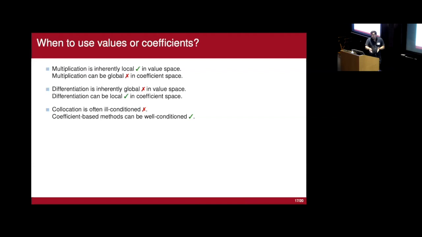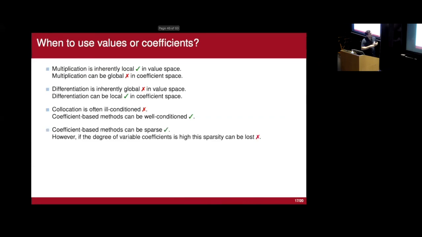Working on a grid using collocation is often ill-conditioned, but coefficient-based methods can be well-conditioned. They can also be sparse, as we just saw, but if the degree of the variable coefficients in your ODE is very high, then this sparsity is probably lost.